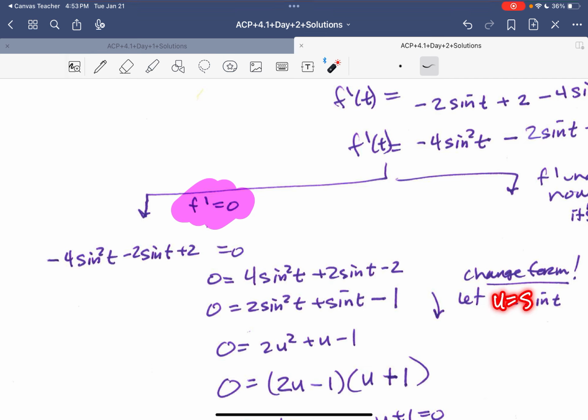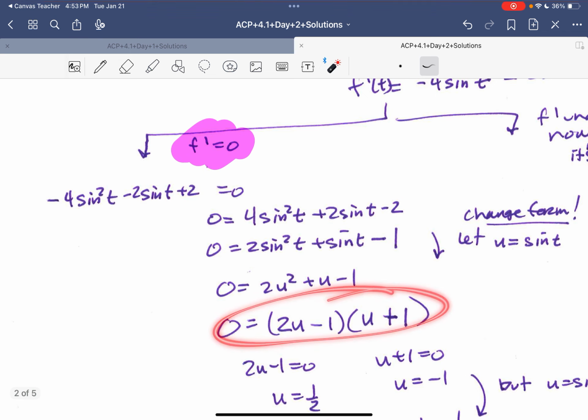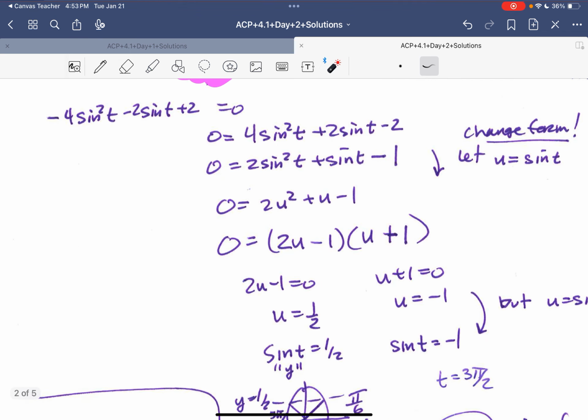I let u equal the sine of t. When you do that, you now have 2u squared plus u minus 1 equals 0. So that means I can factor. Well, why is that great? Because if two things multiply together to get 0, either the first one is 0 or the second is 0. So I get u is a half or u is negative 1.